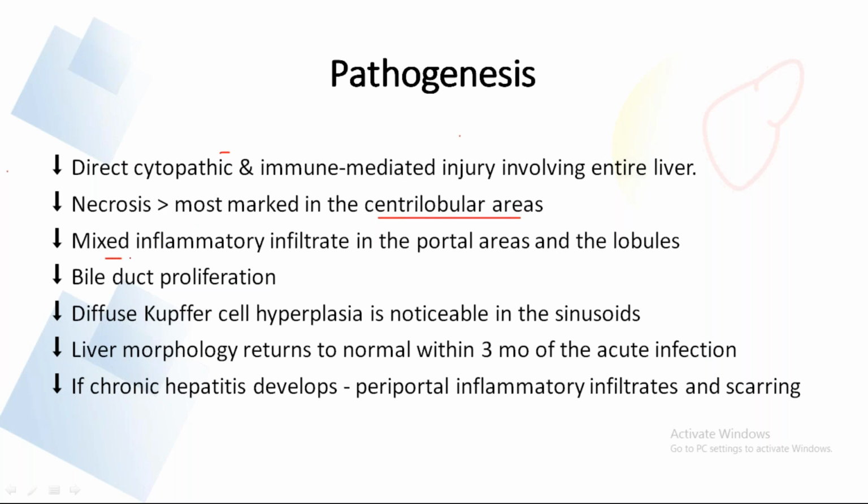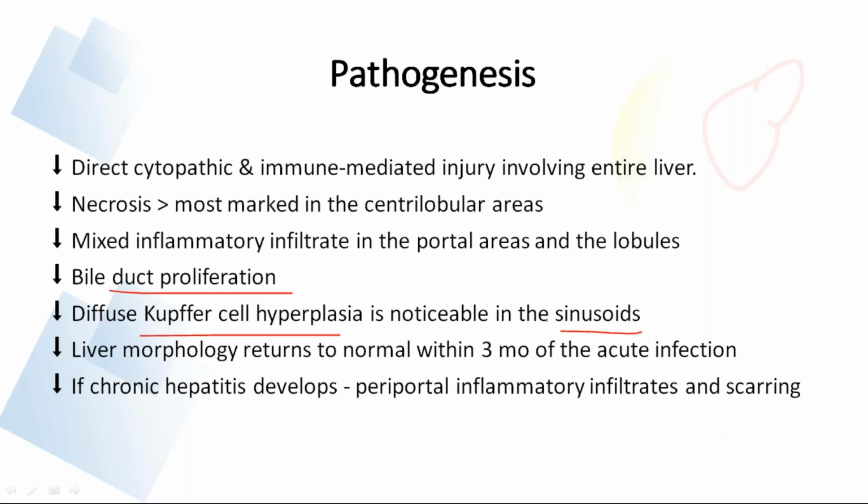Then there is a mixed inflammatory infiltrate, especially in the portal areas, and there is proliferation of the bile ducts. Kupffer cells, the reticuloendothelial cells, show hyperplasia in the sinusoids. This hypertrophy produces obstruction to the canaliculi. So that's why cholestasis can occur.